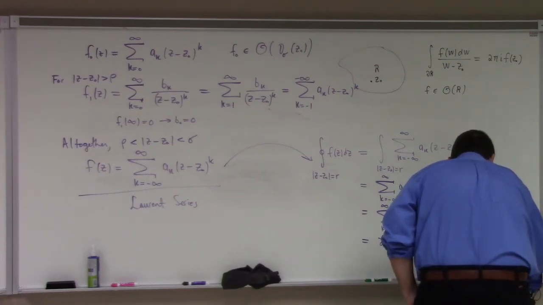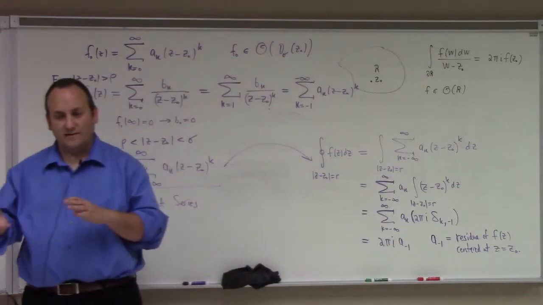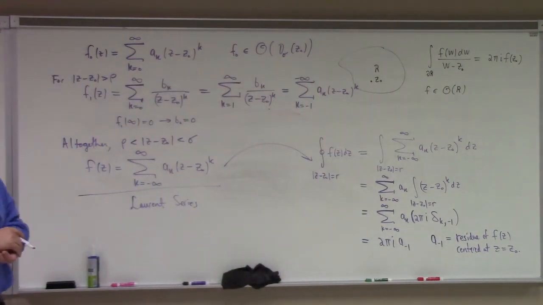Now, I will tell you all of the really neat, quick, gory calculational tricks about residues after test 2. And they're not bad. At the moment, we're just going to operate in terms of direct computation using the geometric series and direct series calculations to arrive at residues.